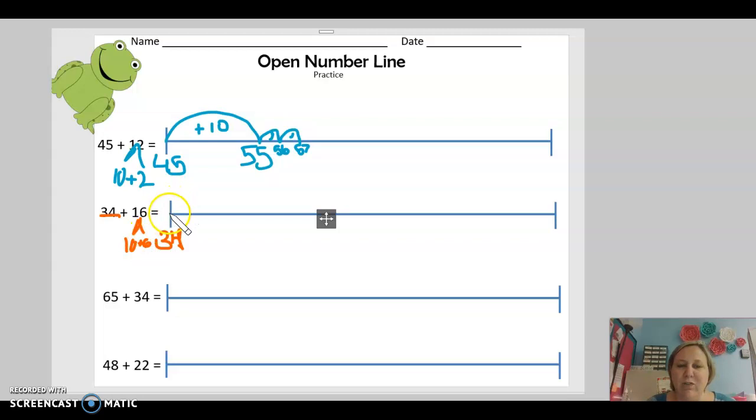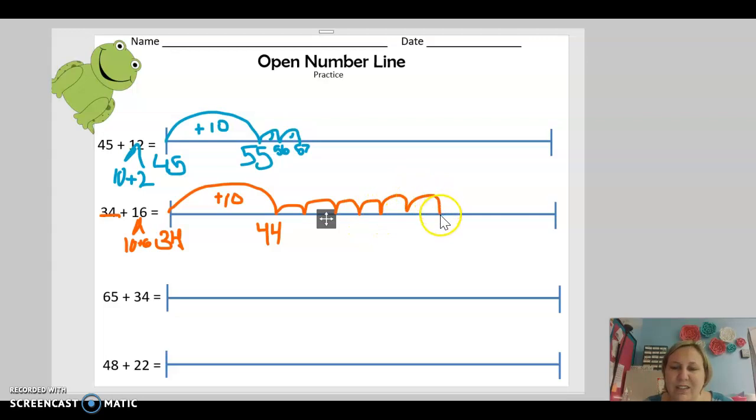So I start on 34. And I'm going to hop over 10. So 34 plus 10 gets me, that's right, 44. And then I have 6 small hops to do.